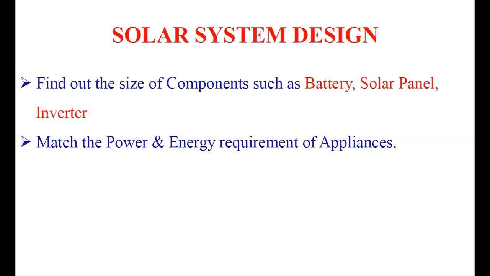So we have to select the ratings of the solar panel, the battery, and the inverter, which depend upon the power and energy ratings of the appliances connected to the home. The second is that the power and energy requirements of the appliances have to be properly matched. Only then will efficient utilization of the electrical power from the solar panel be fulfilled.